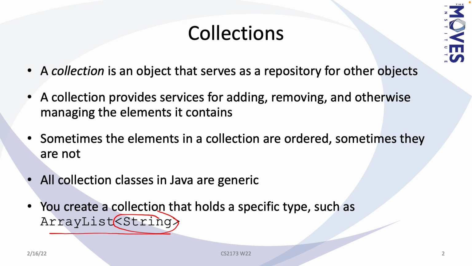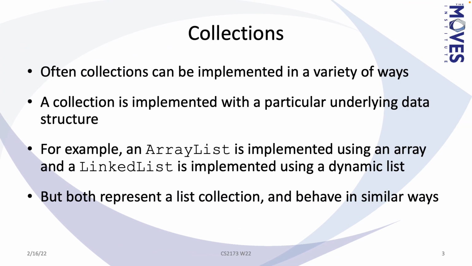So if you know how many items are going to go into your collection, your container, then an array is the appropriate data structure to use. If you don't know how many, and you want to keep them in some kind of indexed order, then some kind of list is appropriate. And we'll see two types of lists.